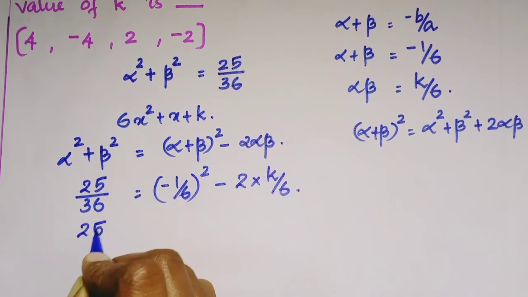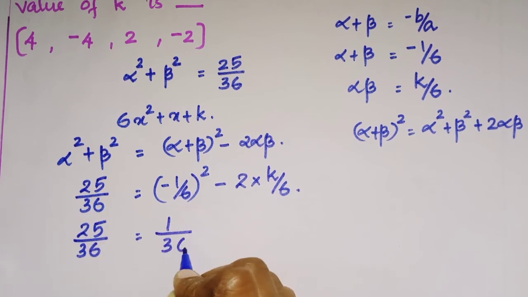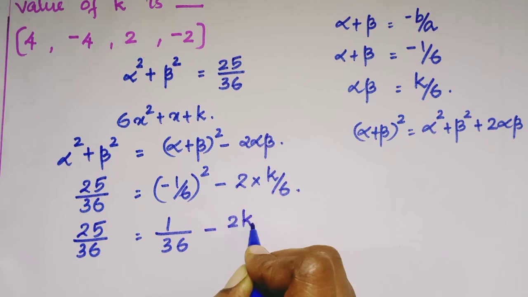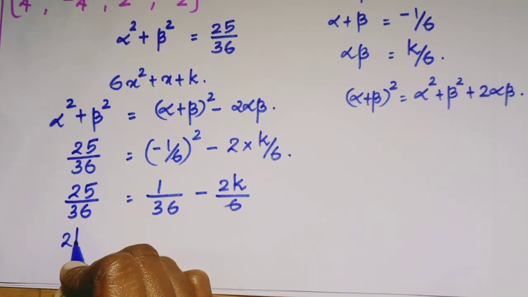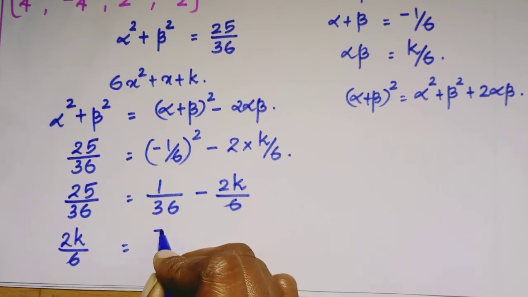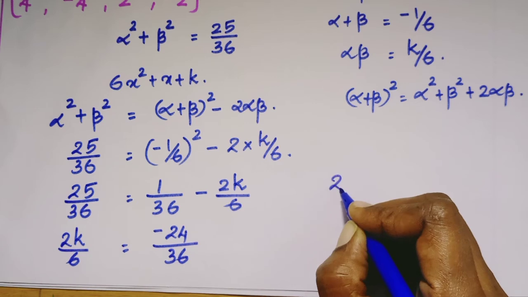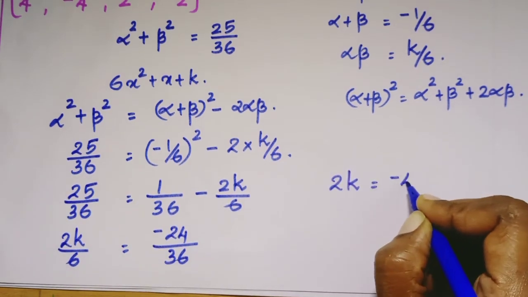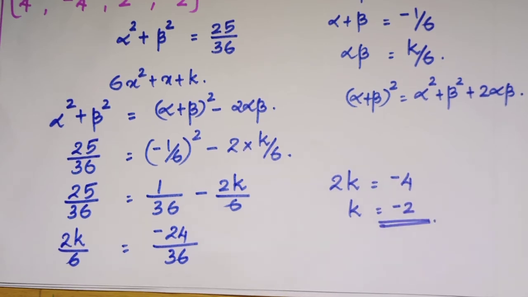That is 25 by 36 equal to 1 by 36 minus 2k by 6, which is equal to minus 24 by 36. By simplifying this, we can write 2k equal to minus 4, then k equal to minus 2. So the answer is minus 2.